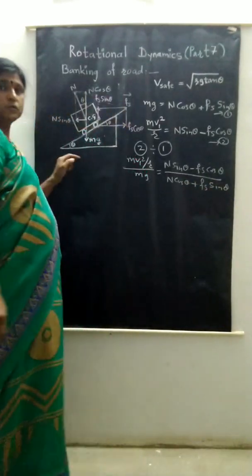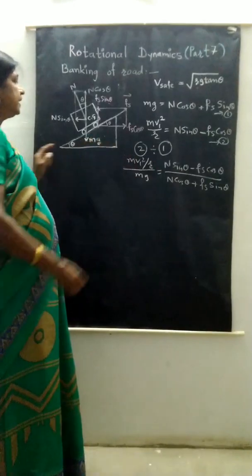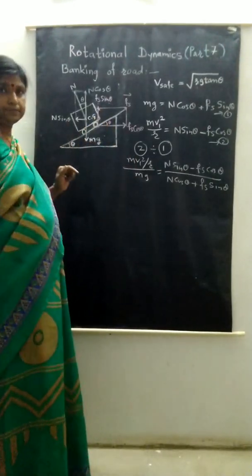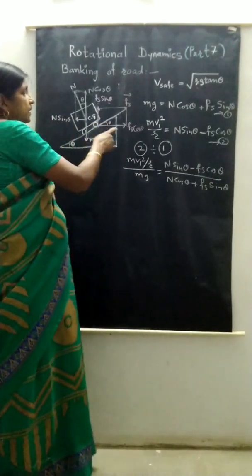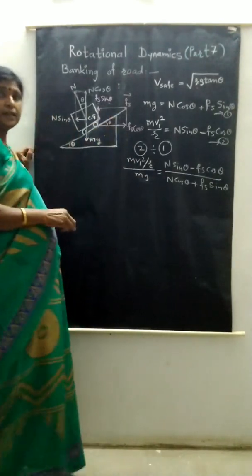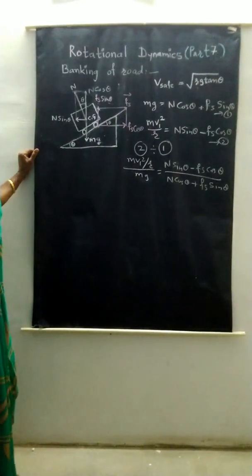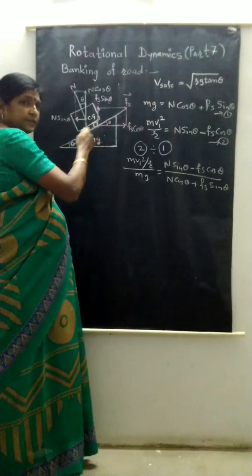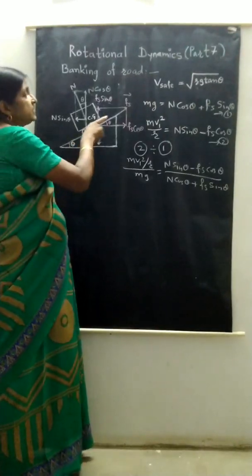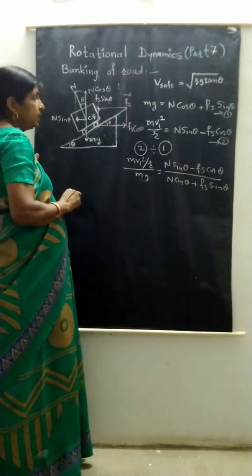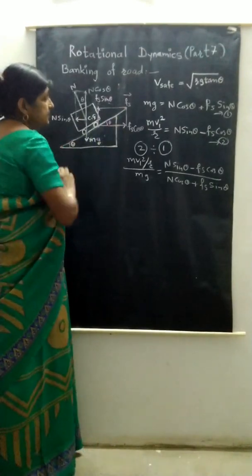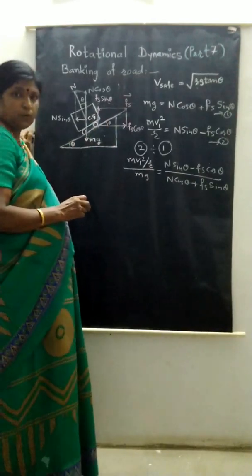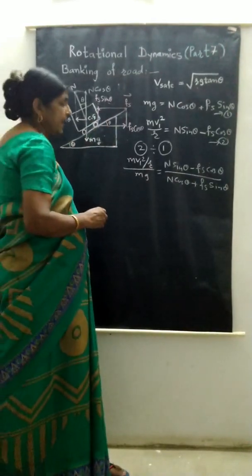As the speed goes on decreasing, there is more and more tendency of sliding of the vehicle. Hence, the force of static friction is a self-adjusting force. It will also increase. As the velocity decreases, this frictional force also increases. Hence, the maximum value of this frictional force, as we know, is mu s into n.